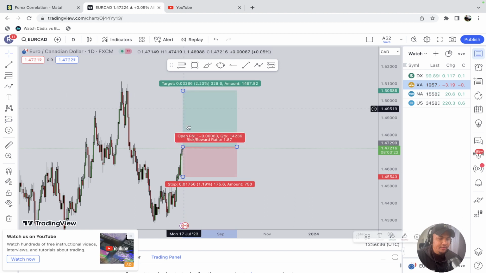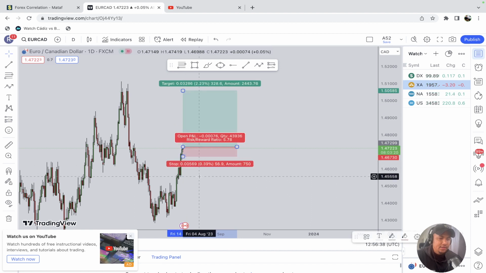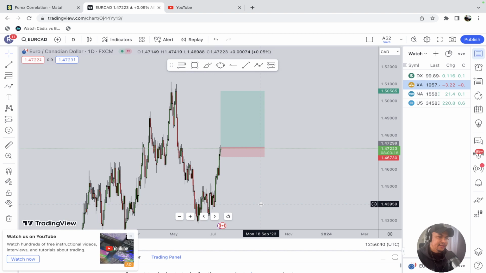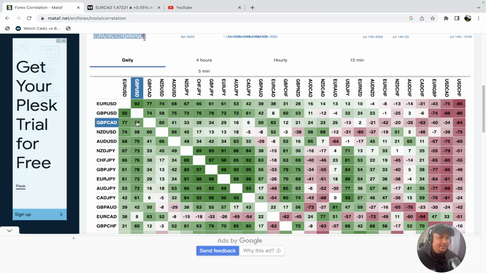You go buy, we're going for those highs, and you are now in the trade. So now you're running two currencies, GBP CAD and Euro CAD, both with a buy. That is good for the directional bias, but it doesn't mean it's going to go that way. It also means that if one is wrong, the other one is going to be wrong as well.